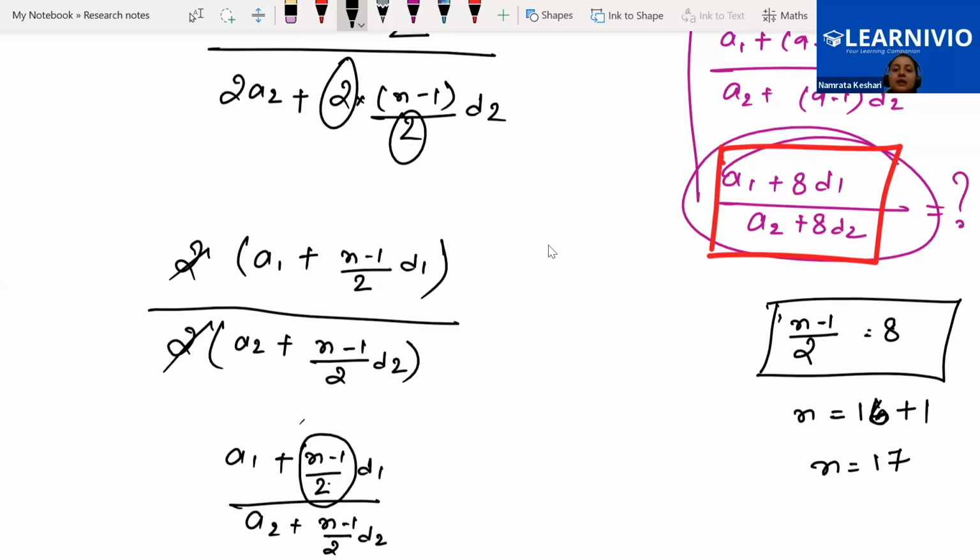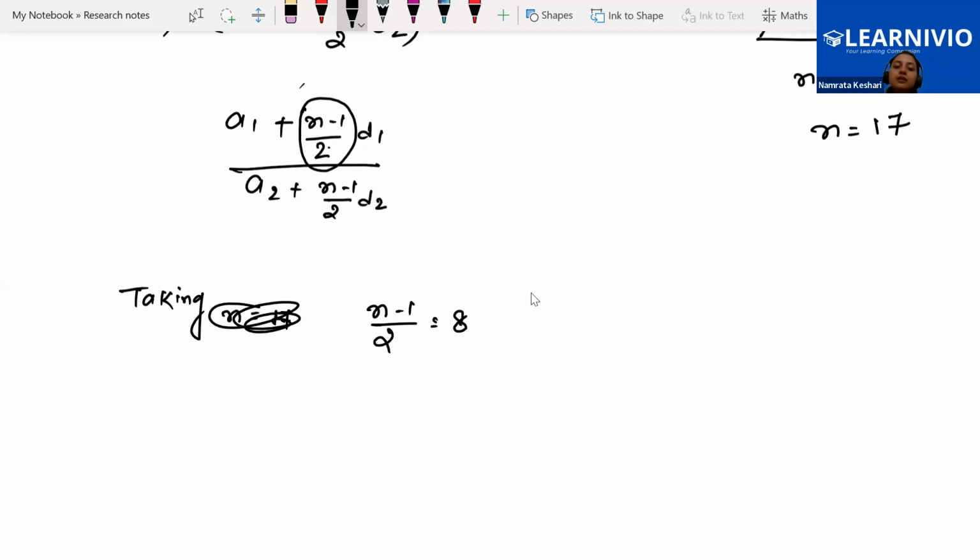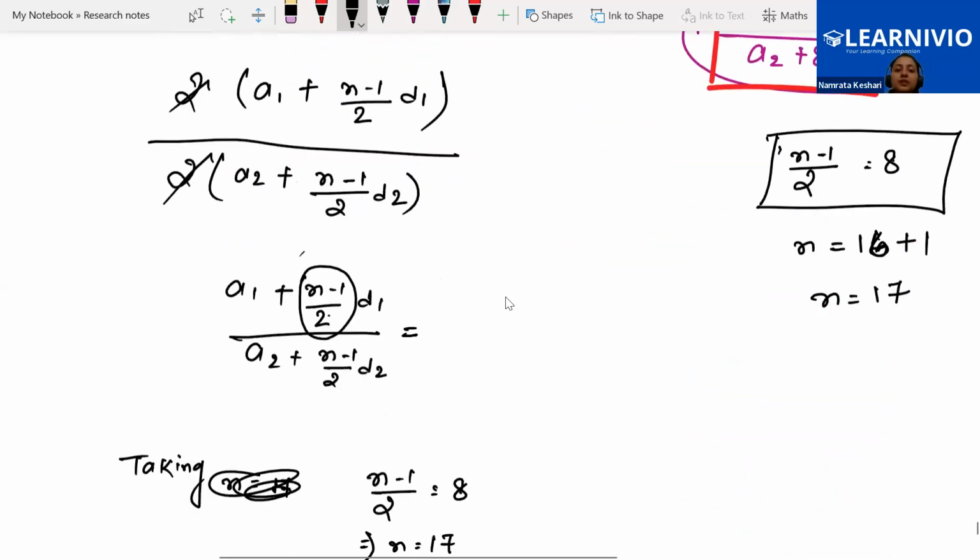So here we will do either taking n equals 17, or you can write taking (n minus 1) by 2 equals 8, which implies n equals 17. The other side is as it is, (7n plus 1) by (4n plus 27).